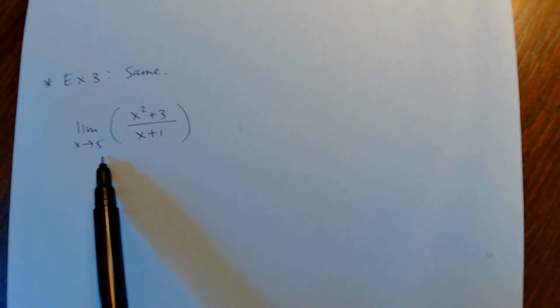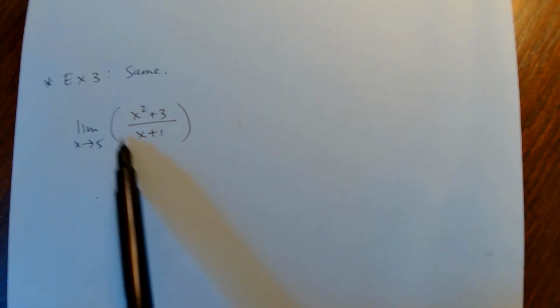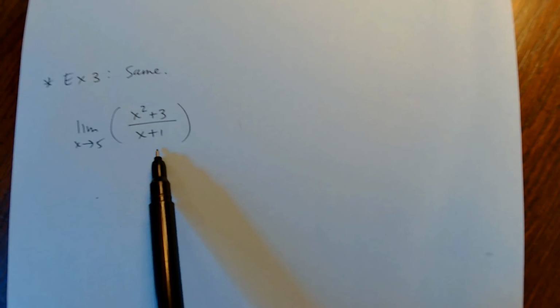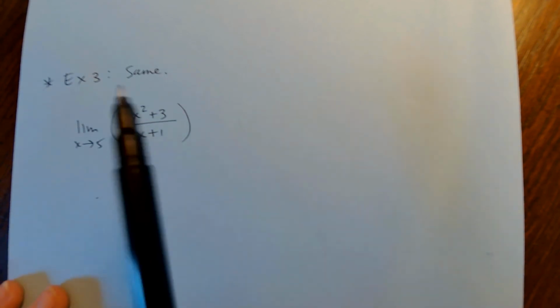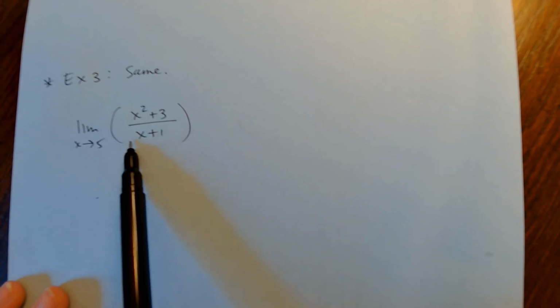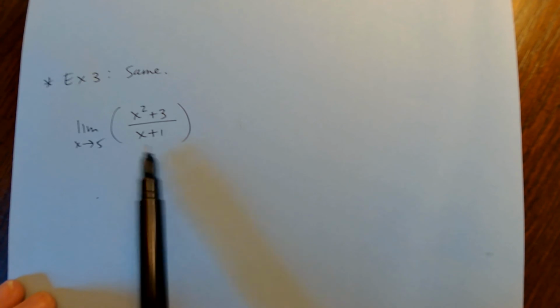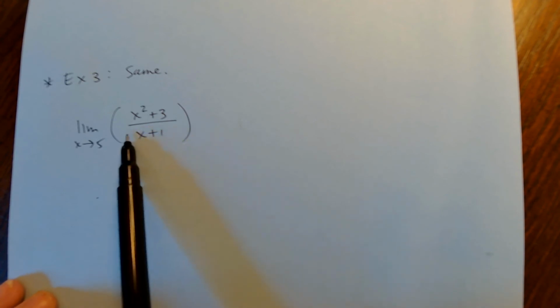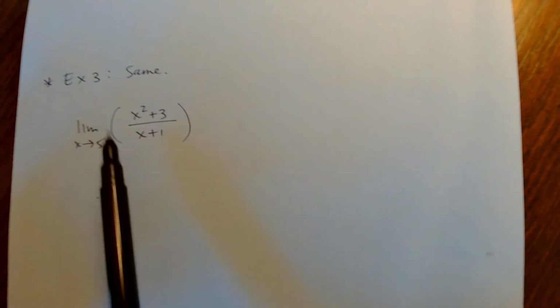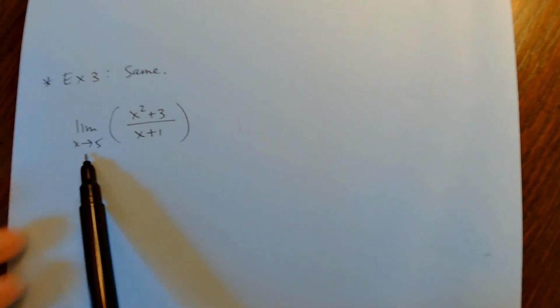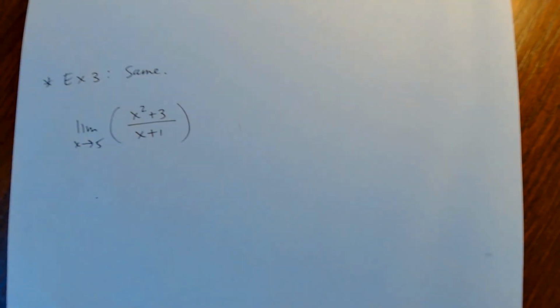So the limit as x approaches 5 of this function. Now notice this function is not continuous at x equals -1 because that would make the denominator 0. Okay, so this function is not continuous at x equals -1. But over here in our limit, x is not approaching -1, it's approaching 5.